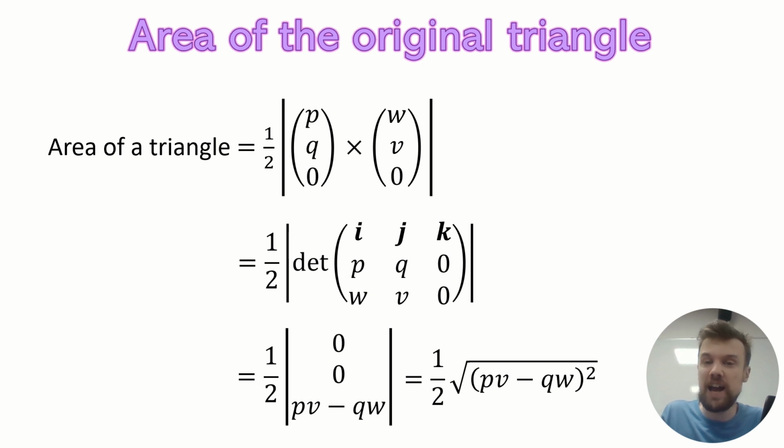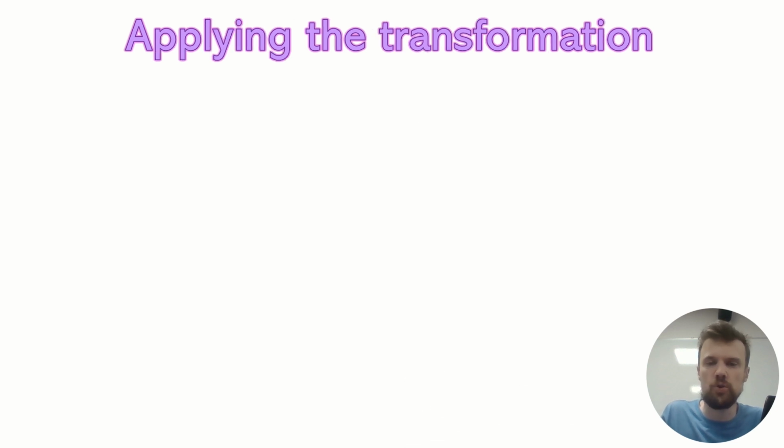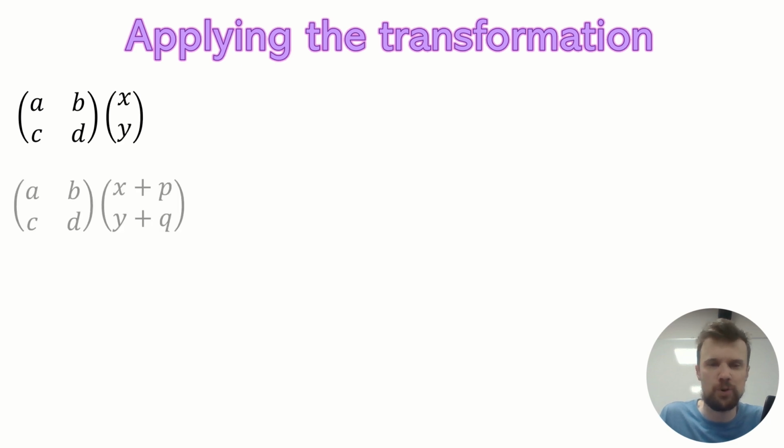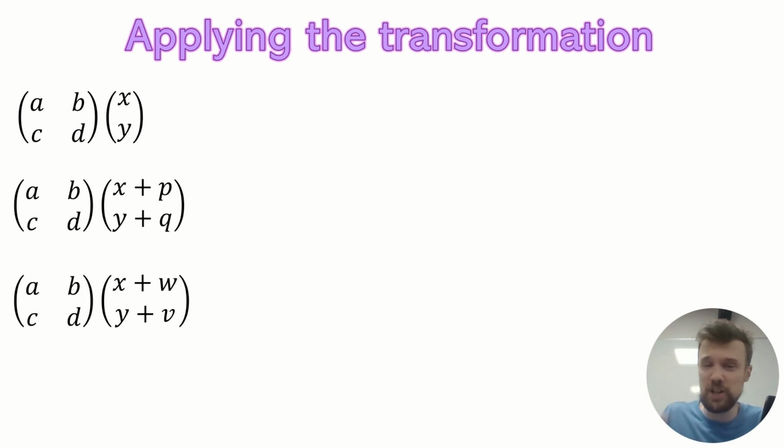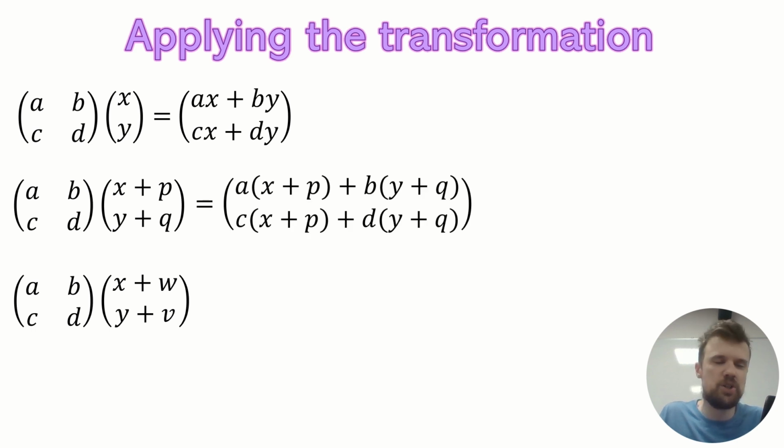Moving on, now let's see what effect applying the matrix transformation has on this triangle. So we are going to take our transformation and apply it individually to the three vertices' coordinates, or position vectors, if we're trying to do it using matrix transformations. So, multiplying these three matrix multiplications, we can do this, we can do this, and we can do this.